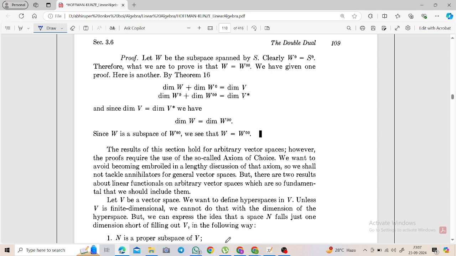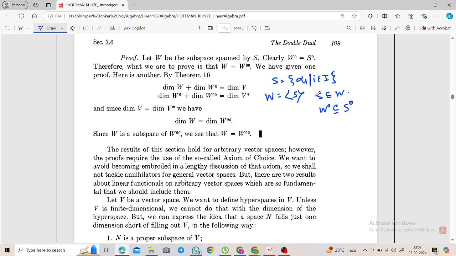So the first line is clear, right? Is the first line clear? Why is W naught S naught? Suppose S is alpha i, i belonging to some indexing set, and W is the subspace generated by S. So S is a subset of W, of course, and for that matter, W naught is a subspace of S naught.